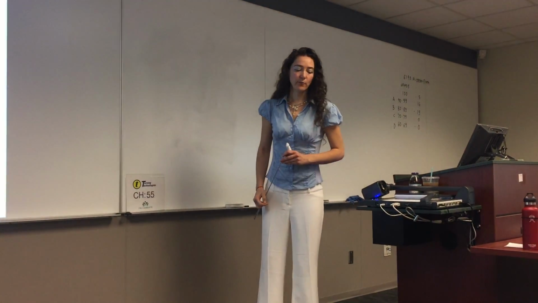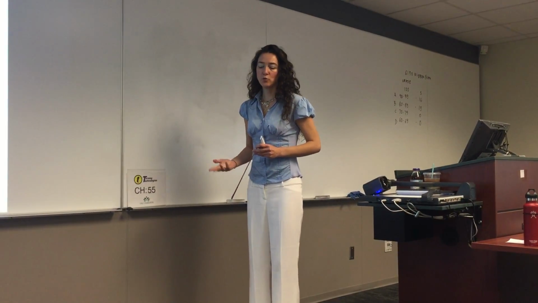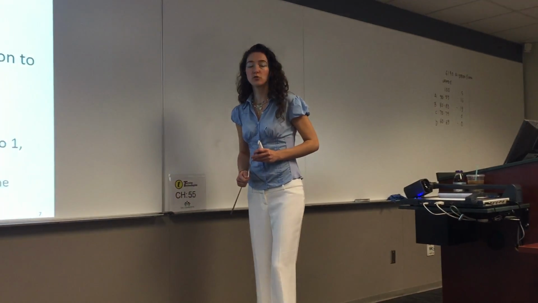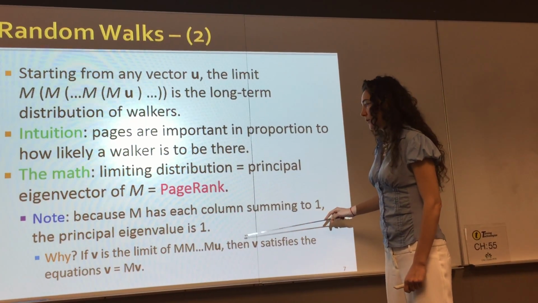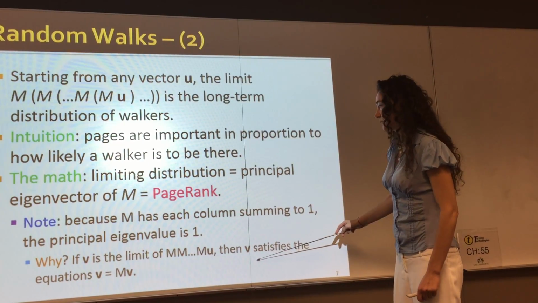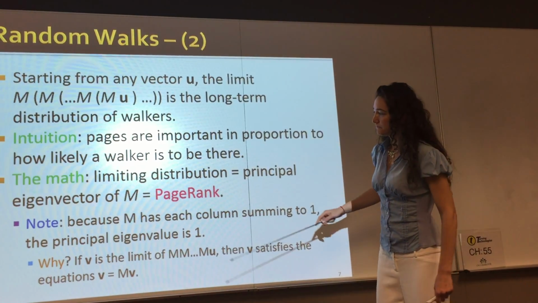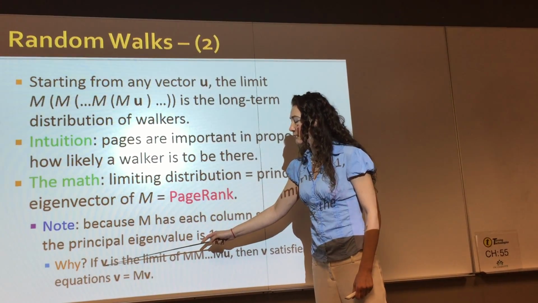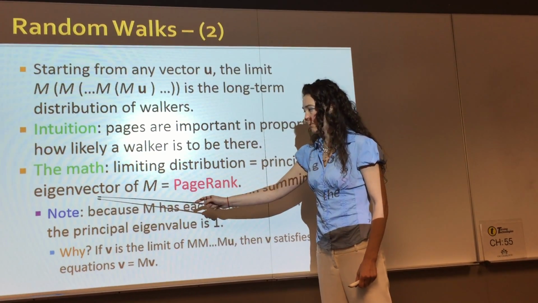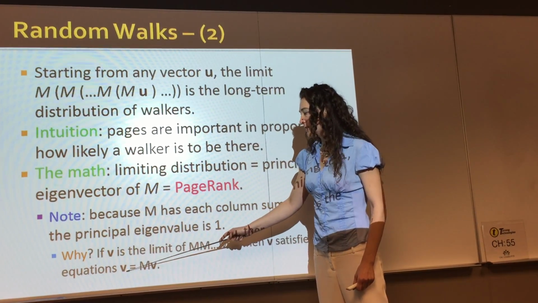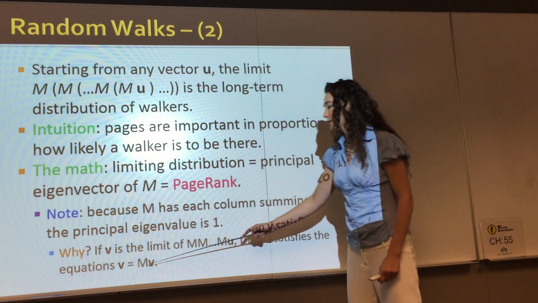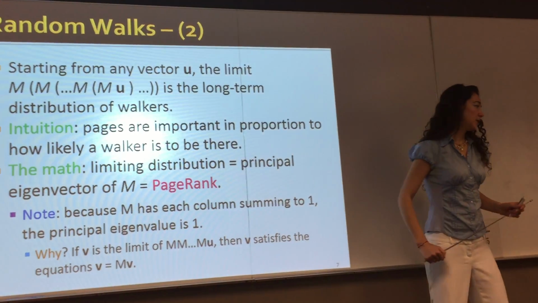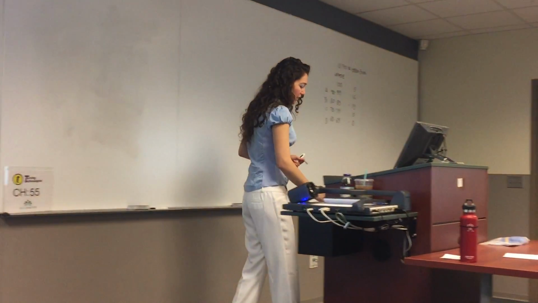So n is the number of pages that link to it, and we assume that the total sum of pages is 1, so it will sum up to 1. So once we obtain this limiting eigenvector, once this is the limit of the multiplication, then it will satisfy this equation, M times d.